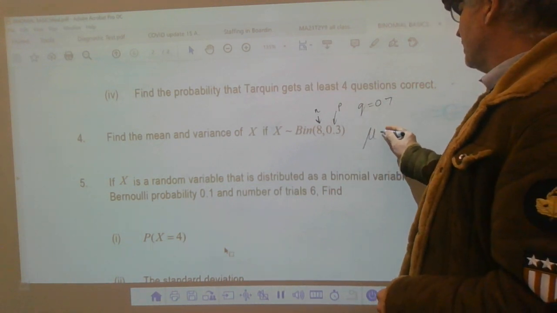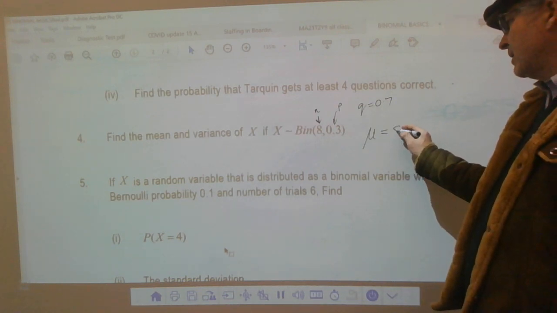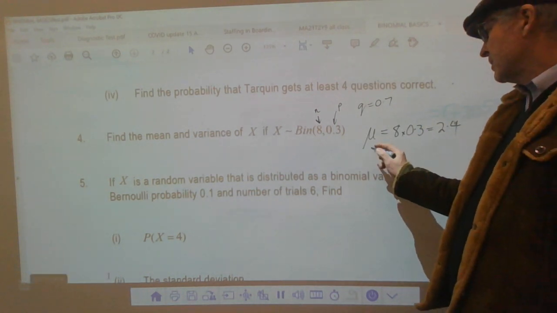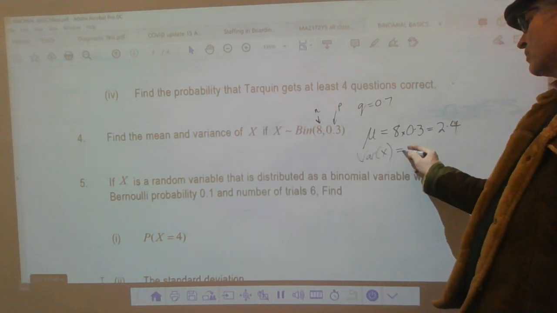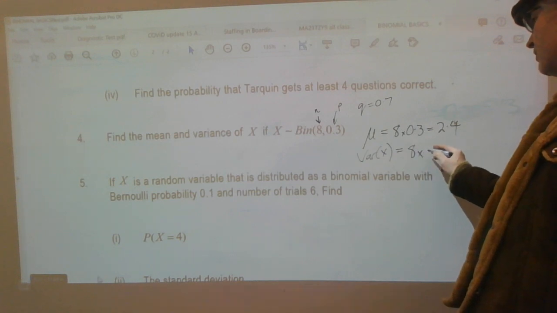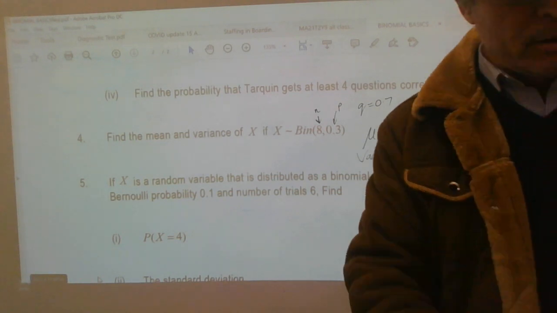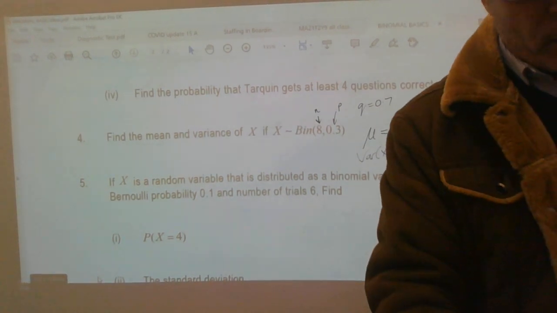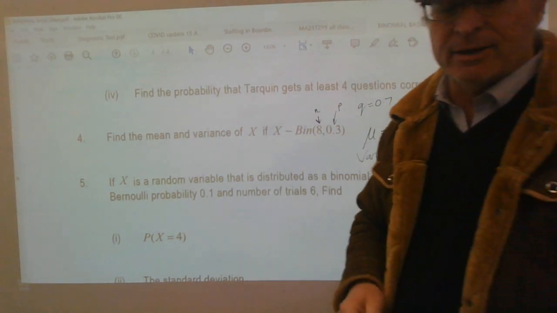The mean, the expected value, should be equal to n times p, which is 2.4, and the variance should be equal to npq, so 8 times 0.3 times 0.7, which is 1.68. Then you could square root that if you want the standard deviation.